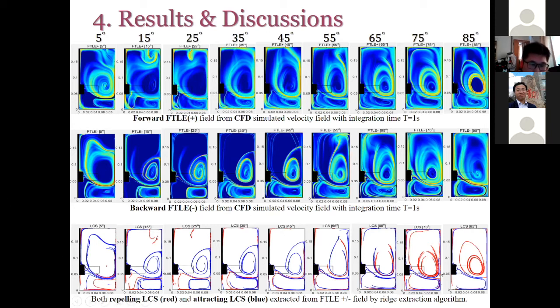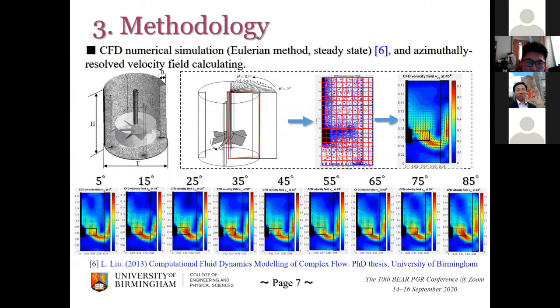For example, the 5 degree plane is just after the buffer. If we go back, we can see here is the flow direction, and here is a buffer. Just after the buffer, this plane, we call it 5 degree.